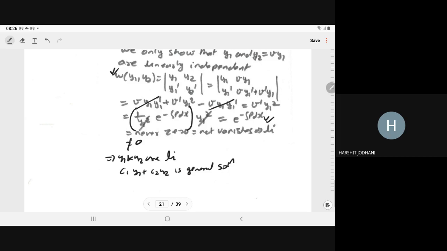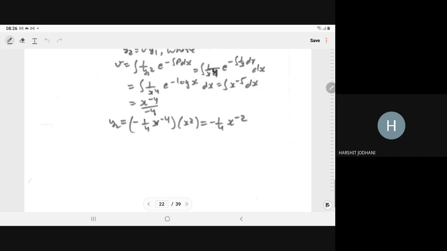So that is the way to determine the second linearly independent solution if one solution is known to you. That is another matter, how you know the first solution. But if you know the solution, then the second linearly independent solution you can determine by this formula.